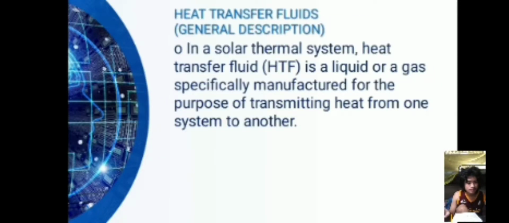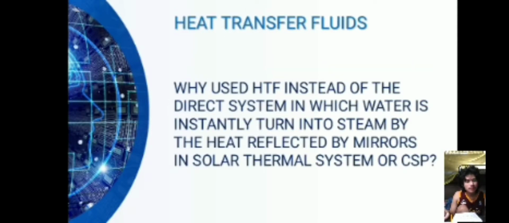Heat transfer fluid. In a solar thermal system, heat transfer fluid, HTF, is a liquid or gas specifically manufactured for the purpose of transmitting heat from one system to another. So, yung heat transfer fluid is purposely for transmitting heat from one system to another. Why use HTF instead of the direct system in which water is instantly turned into steam by the heat reflected by mirrors in solar thermal system or concentrated solar power?